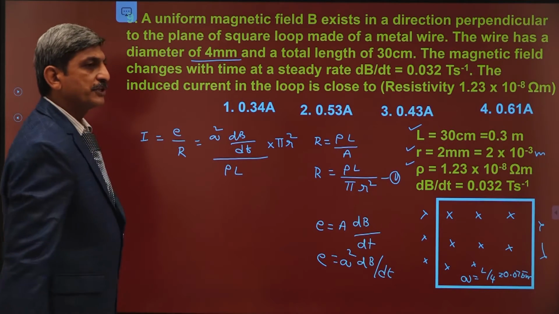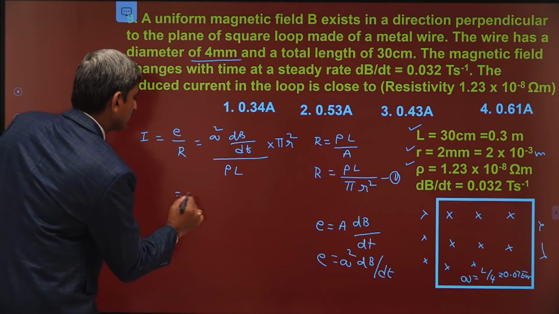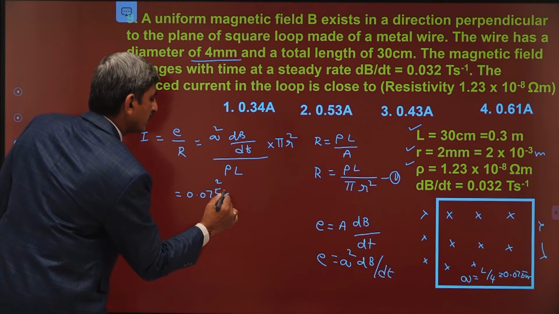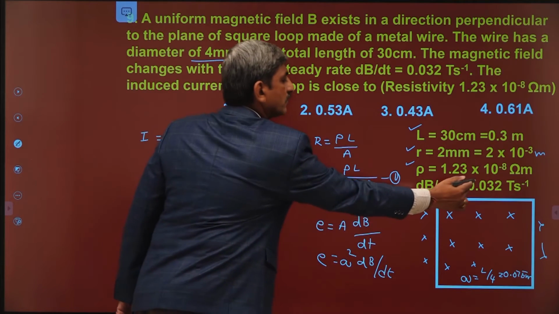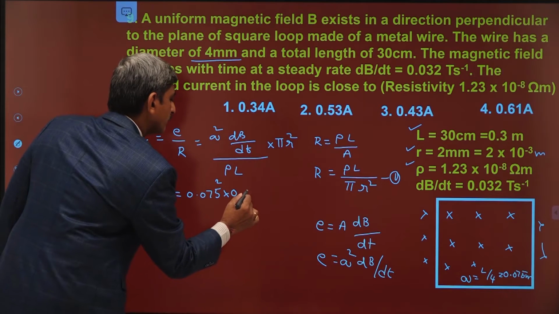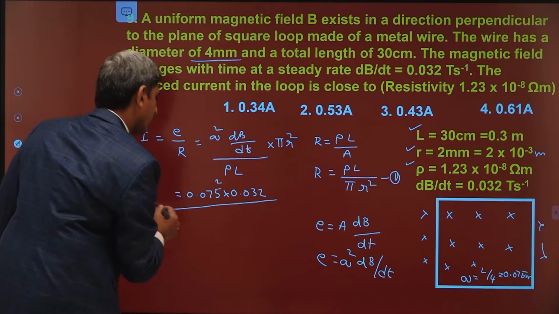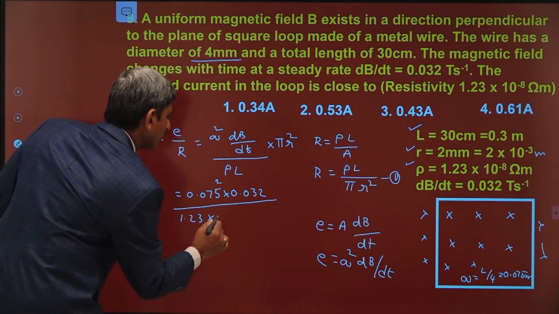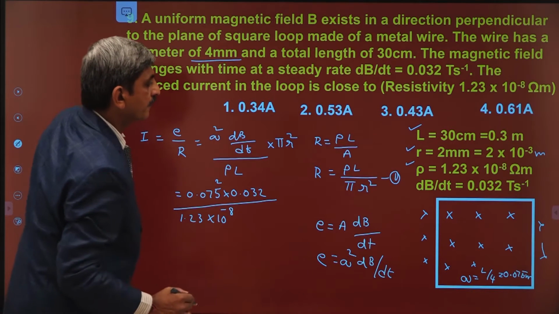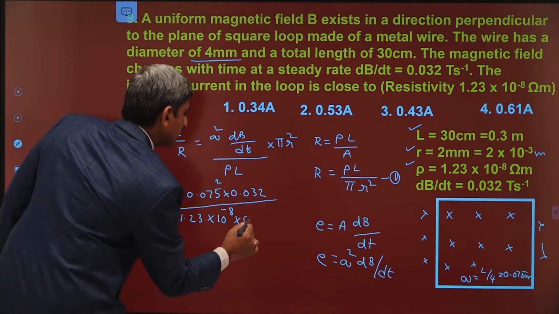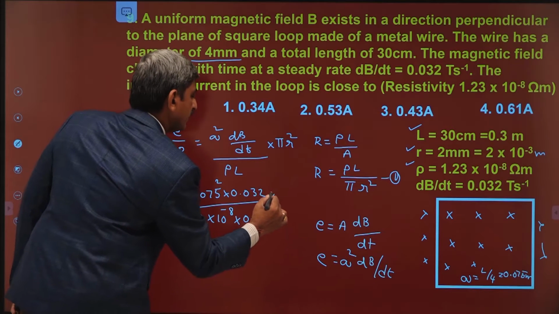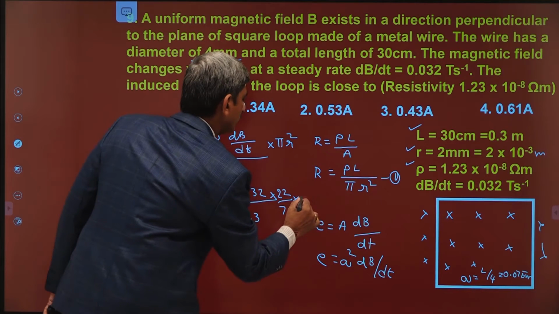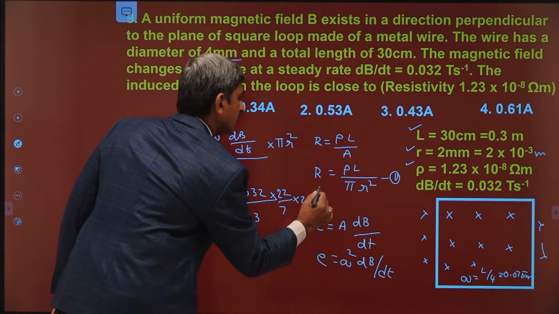Now, by substituting the given values in this equation, we have a square is equal to 0.075 square, into dB by dt is equal to 0.032, divided by rho is equal to 1.2 into 10 to the power of minus 8, L is 0.3, into 22/7 into r square, that is 2 into 10 to the power of minus 3 whole square.